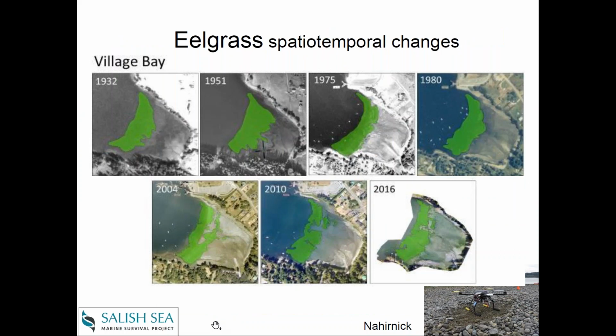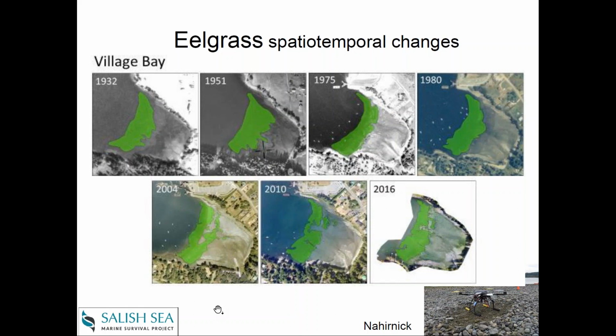On the eelgrass part, this is work that we have just finalized a major component of, with Natasha Narnik's work. She looked at aerial photography and UAV data to define spatial temporal trends on distribution of eelgrass along the coast.